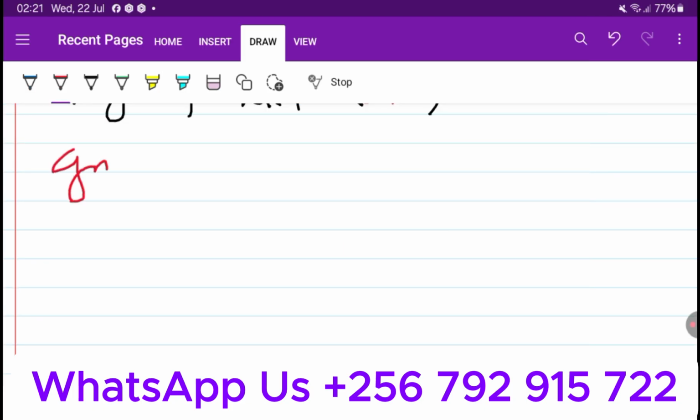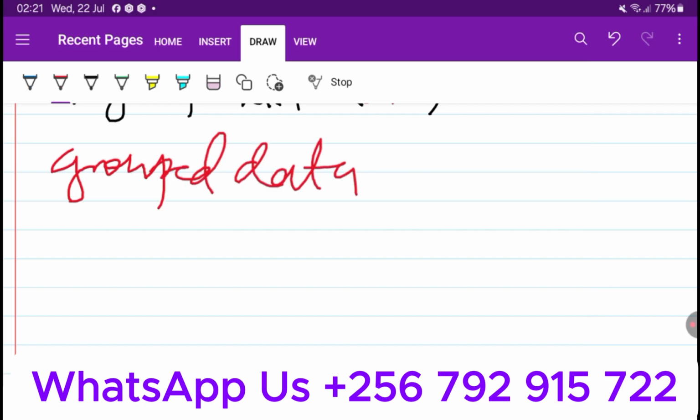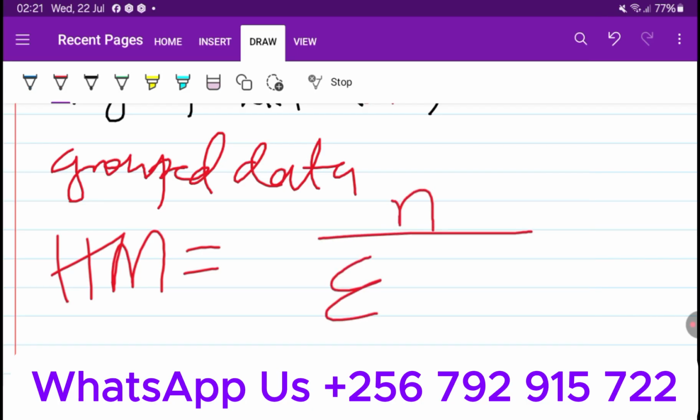So for grouped data, the harmonic mean will be n over summation f into 1 over x. You can make it a small n or a capital N. You first compute this item, you get 1 over x.